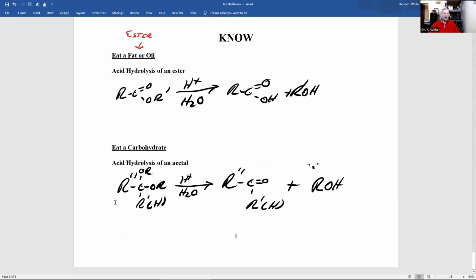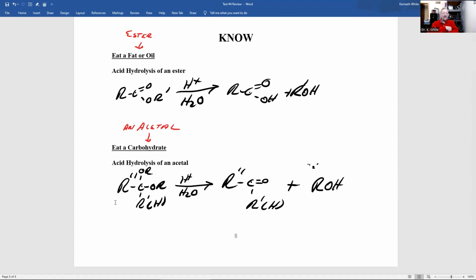You should also know at this point how to describe with words and a general reaction what happens when you eat a carbohydrate, and what functional group holds carbohydrates together. An acetal.